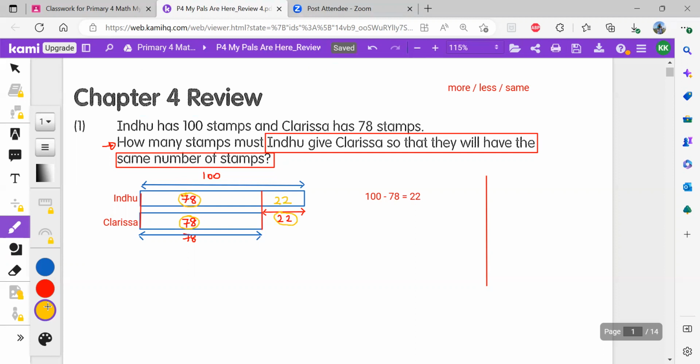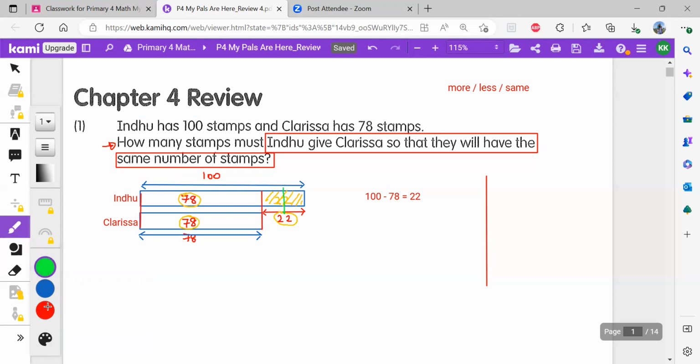So for them to have the same, Indu has to take whatever he has more, this part, and share it equally with Clarissa. He has to take 22 and share it equally, which means he's going to cut whatever he has more equally into two parts and give one part to Clarissa so that they will have the same.